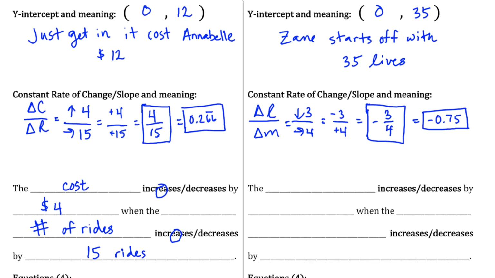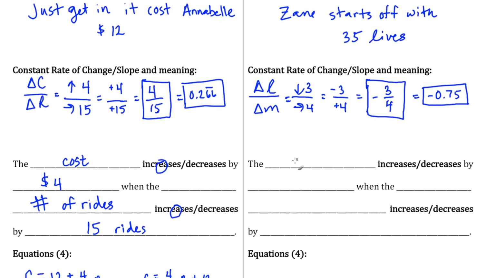Cool. So the number of lives in this situation decreases by 3 lives when the time increases by 4 minutes.